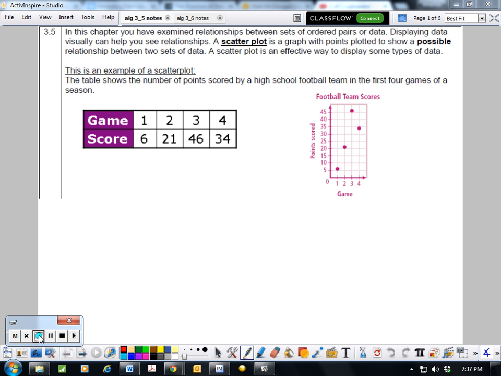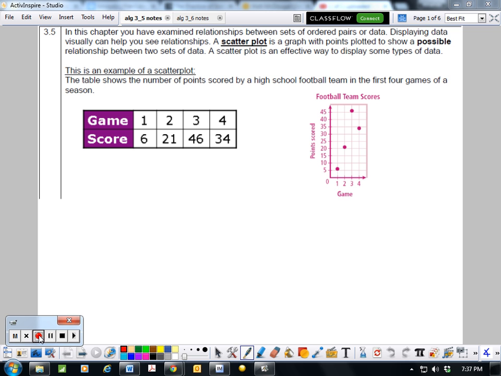And because we're only really looking at two sets of data, there could be other information out there that affects it that keeps information from forming a straight line or from forming a curve or something that looks really nice. So a scatter plot is a nice way to look at that and kind of see what's happening, what relationship exists. So here's an example of a scatter plot.